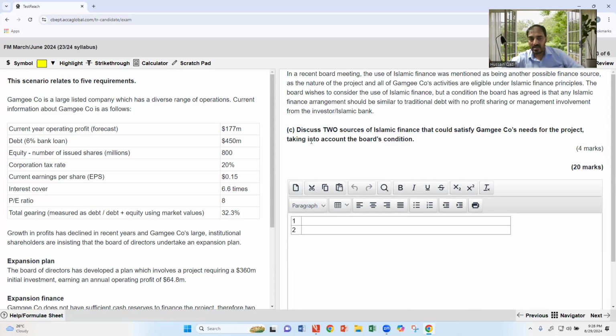Discuss two sources of Islamic finance that could satisfy Gamgee's need for the project, taking into account the board's condition. That's 4 marks. So that is this question.